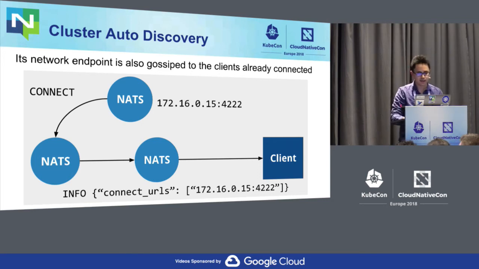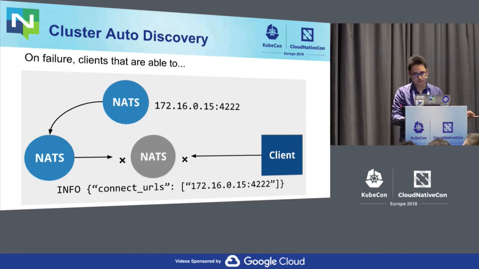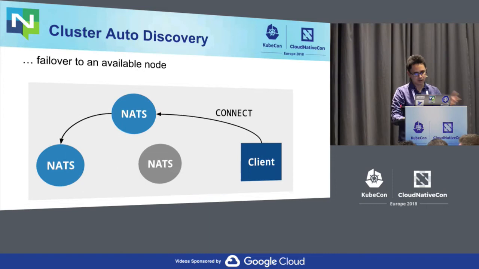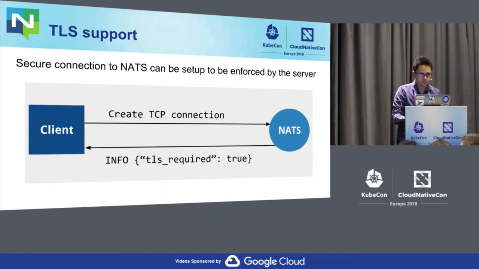So in case this server now fails, the client will fall back into the reconnection logic and then transparently reconnect to this other server that just joined. So it automatically fails over.